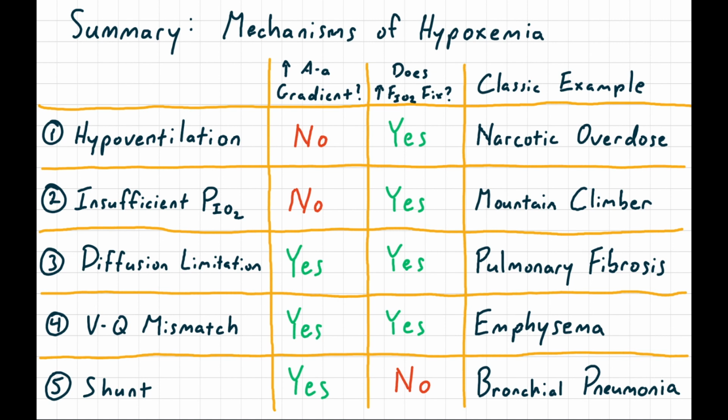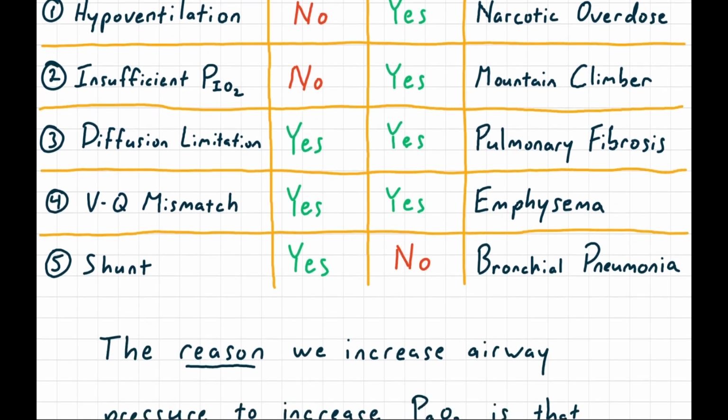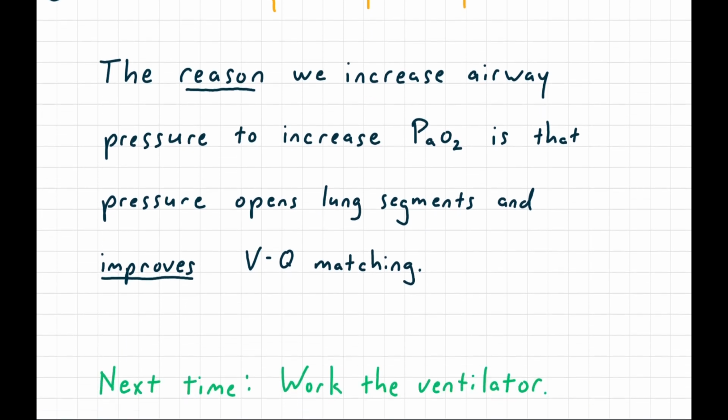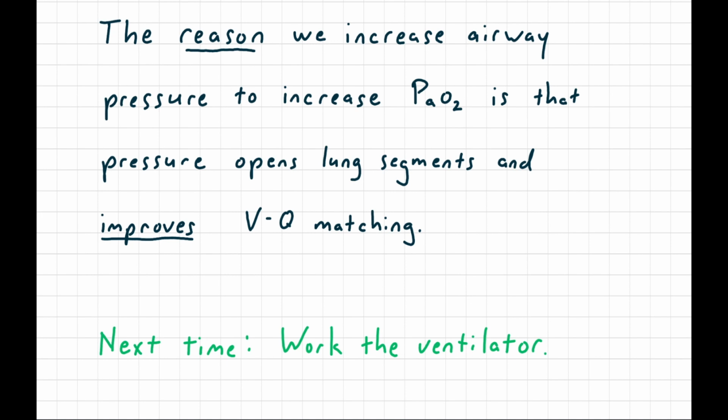And for each one, we looked at a classic clinical example. Finally, we learned that the reason we increase mean airway pressure, usually by increasing the positive end expiratory pressure, in order to improve oxygenation, is that by adding more airway pressure, you decrease atelectasis, recruit more lung segments, thereby decreasing ventilation-perfusion mismatch.